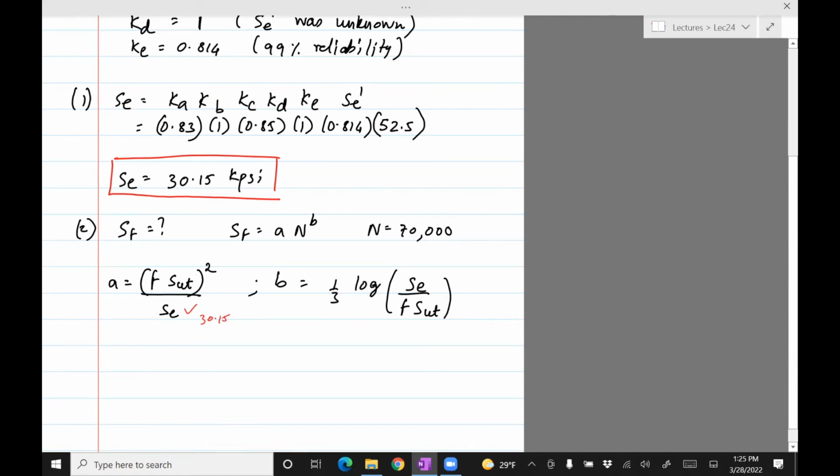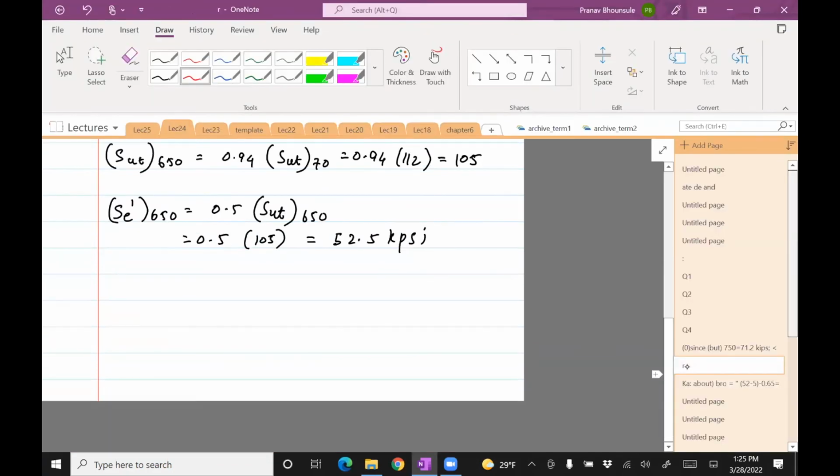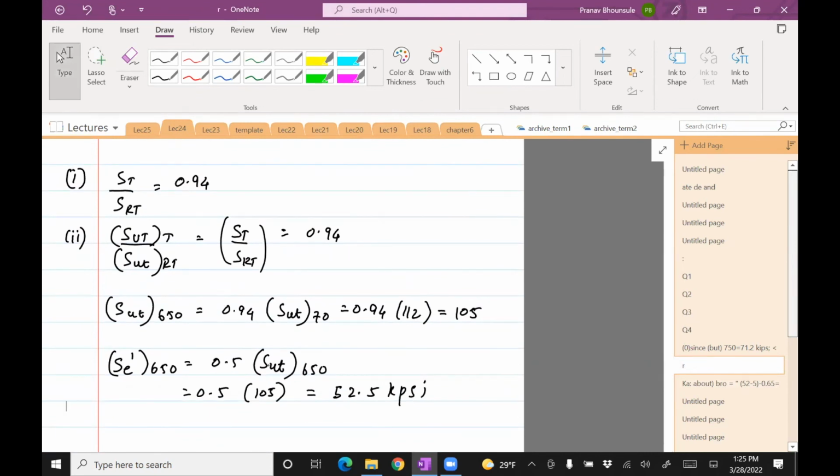Now, SE is at 650 Fahrenheit. We also need to use SUT at the same temperature, 650 Fahrenheit. So SUT is something we've just computed right here. SUT at 650 is 105 kpsi. So we need to use 105.